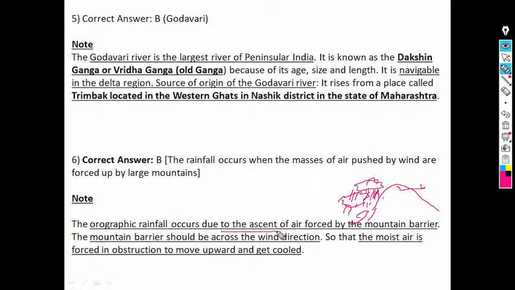Orographic rainfall occurs due to the ascent of air. Ascent means rise. Ascent of air pushed by the mountain barrier. The mountain barrier should be crossed.